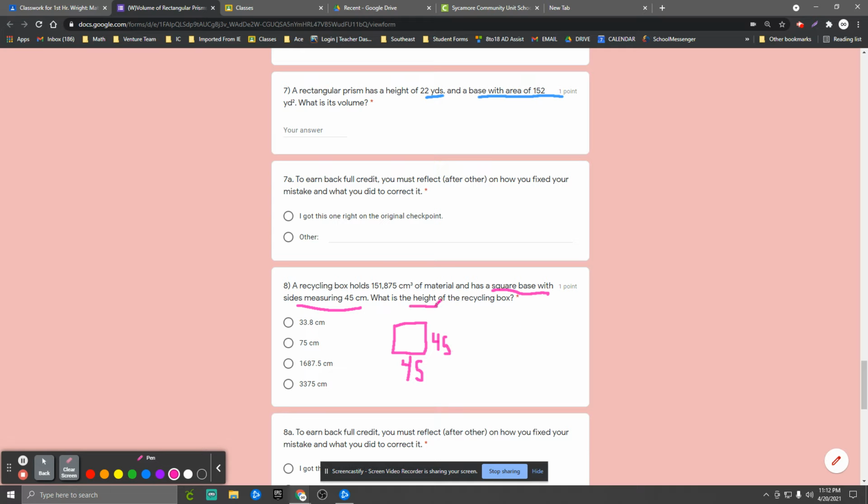So you're trying to figure out the height. Now, these two numbers plus whatever your next number is going to be has to multiply all together to get this large number, 151,875 cubic centimeters. So again, you're going to have to use these choices and see 45 times 45 times one of these choices will give you this answer.